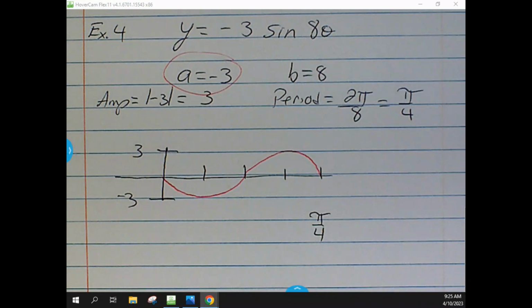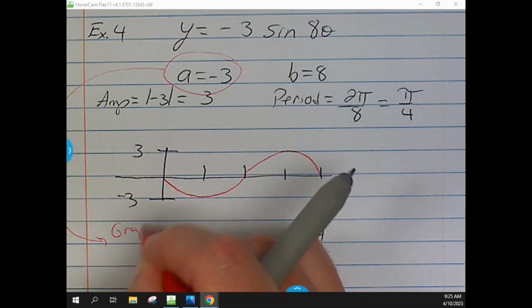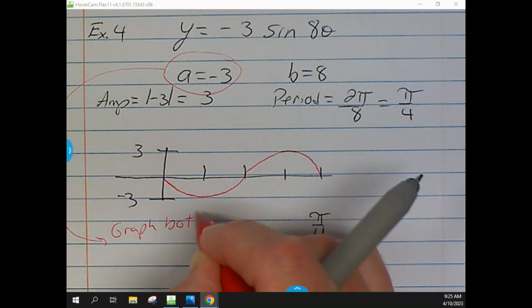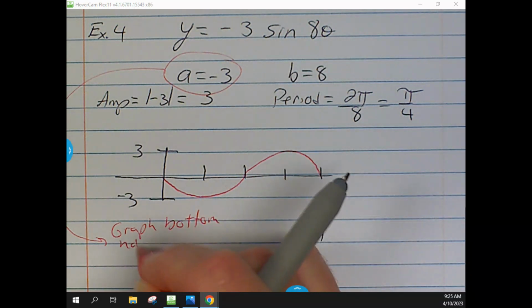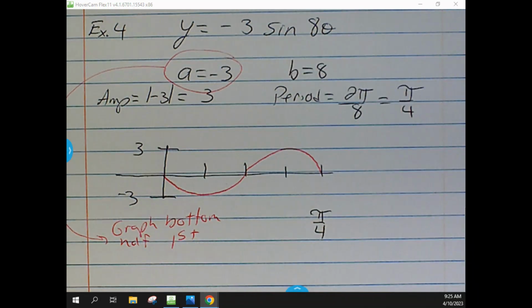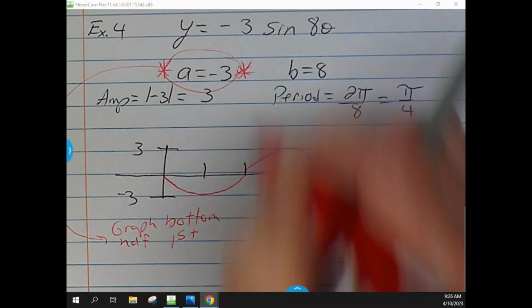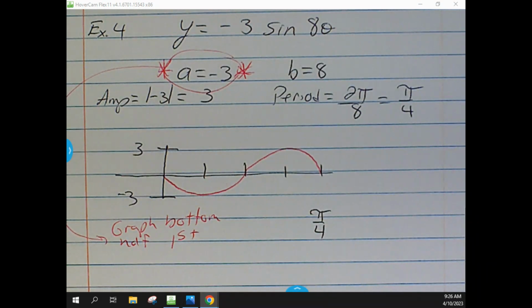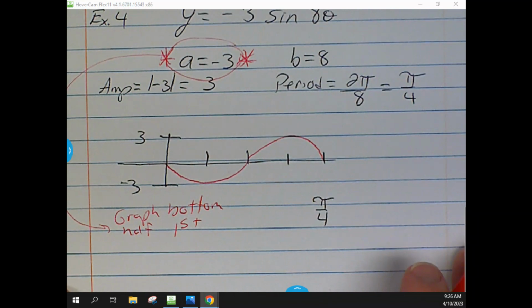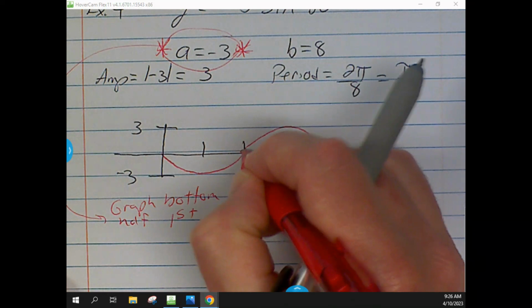So if your A value is negative, that means you've got to graph the bottom half first. So anytime your A value is negative, that basically tells you which part you've got to graph first. Okay, so now we've got to get the other numbers. So that's the one thing that's different. If you've got a negative A value, you've got to go down instead of going up first.